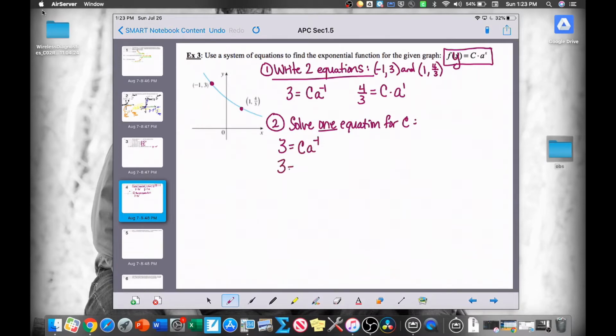So this is really 3 equals c over a. So if I want to solve for c, I'm just going to multiply both sides of the equation by a. And so I get 3a equals c. Then step 3, excuse me, is going to be to substitute that value for c into the second equation.